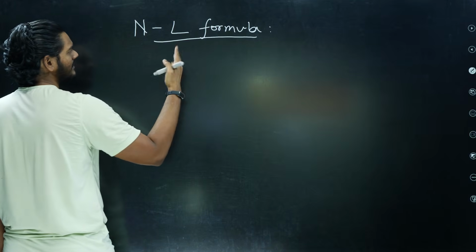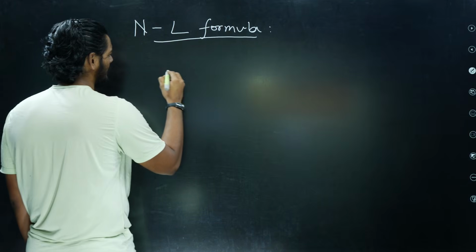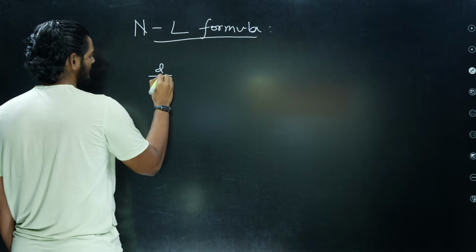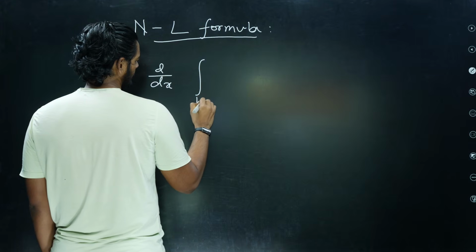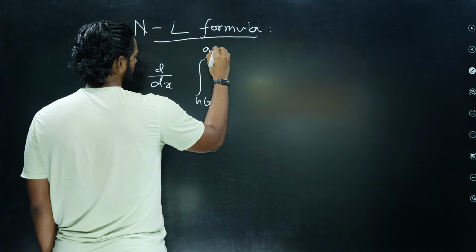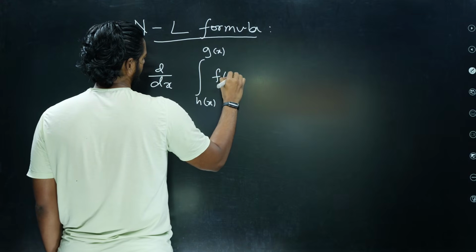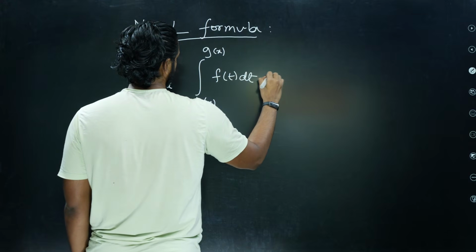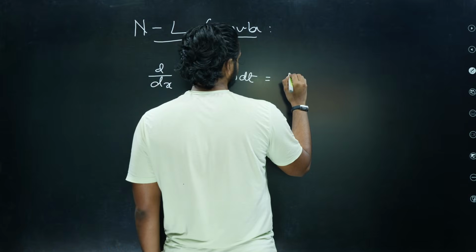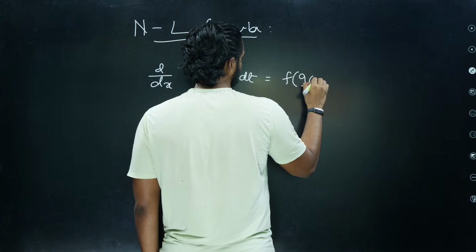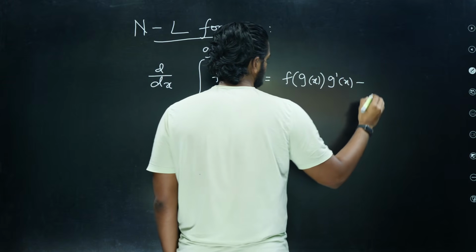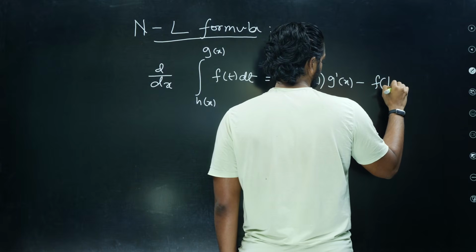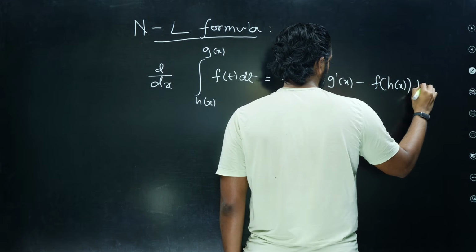Or Newton-Leibnitz theorem, or whatever, I don't know what it is called precisely, but it doesn't matter. The derivative of the integral from h of x to g of x of f of t dt is equal to f of g of x into g dash of x minus f of h of x into h dash of x.